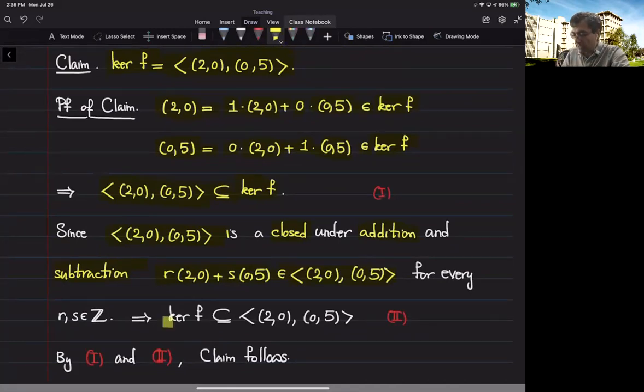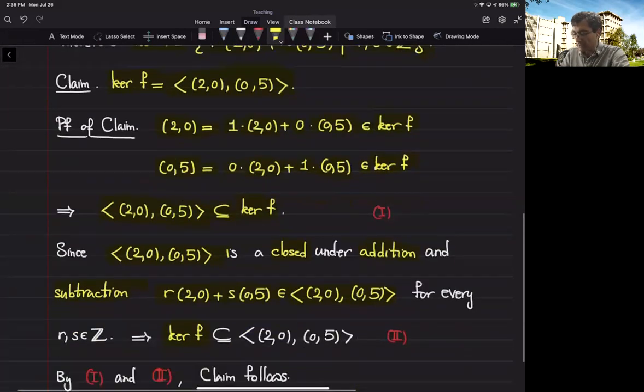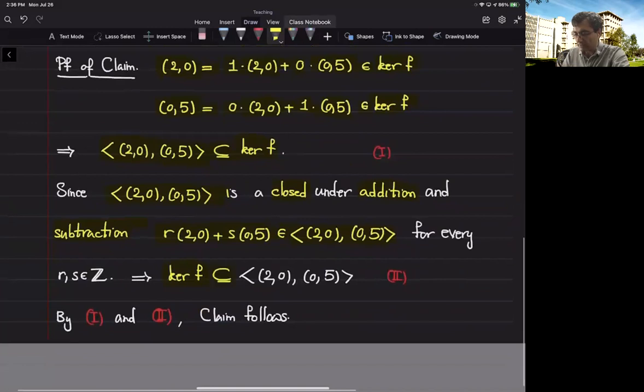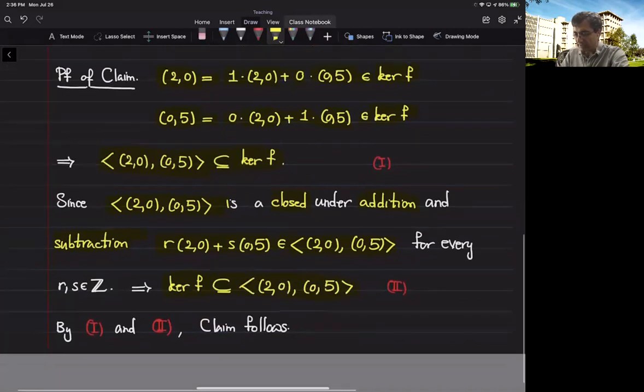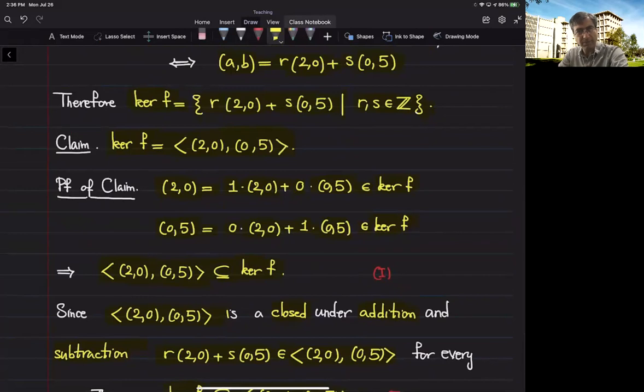And so the kernel of F, because every element of the kernel is of this form, is a subset of the subgroup generated by these two vectors. This result, together with the previous claim, implies that the kernel is indeed the subgroup generated by 2 comma 0 and 0 comma 5.